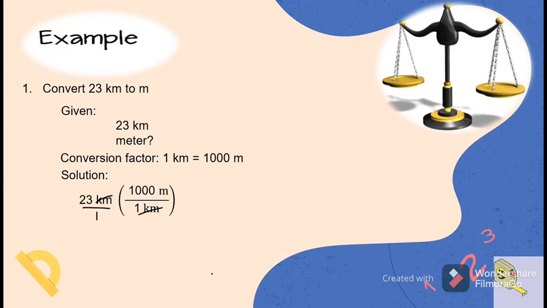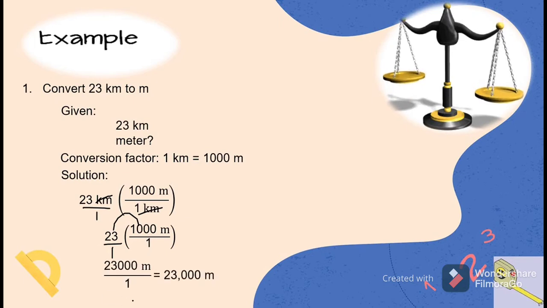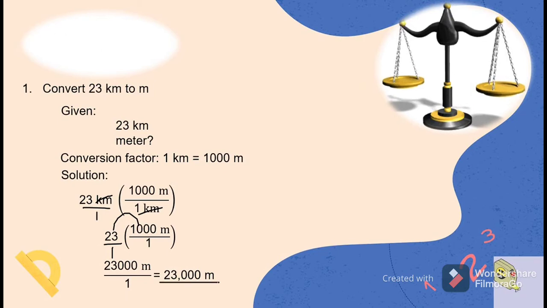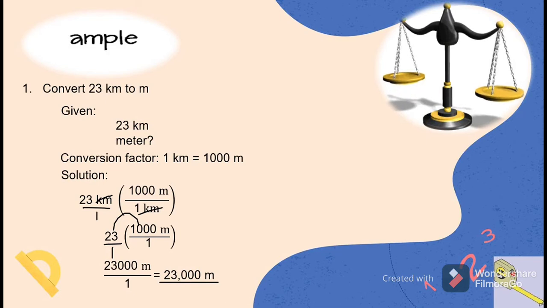So we have 23 over 1 multiplied by a fraction, 1000 meters over 1 kilometer. So 23 times 1000 is equal to 23,000 and 1 times 1 is equal to 1. So the final answer is 23,000 meters. Therefore, 23 kilometers has the same length as 23,000 meters.